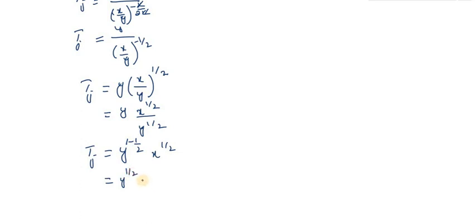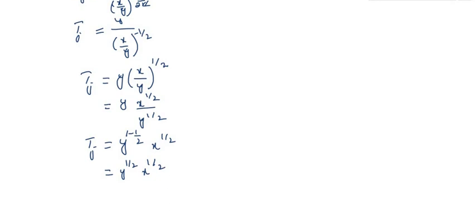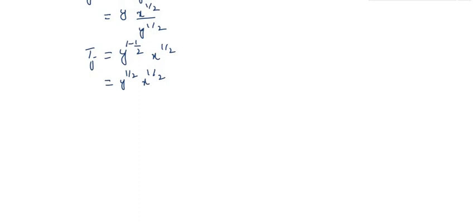The power of y is half and the power of x is also half, and we have to prove that the jth term is in radical sign xy. The power of the root is 1 upon 2. So the jth term is root xy. This is what we have to prove.